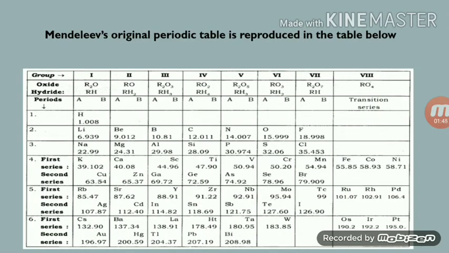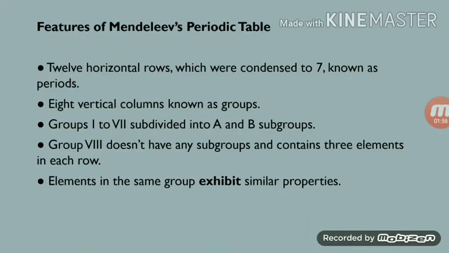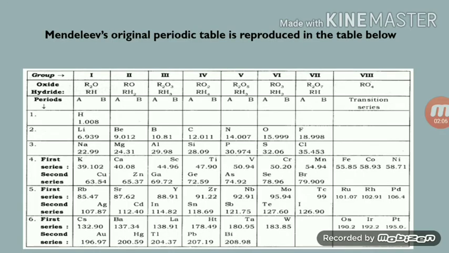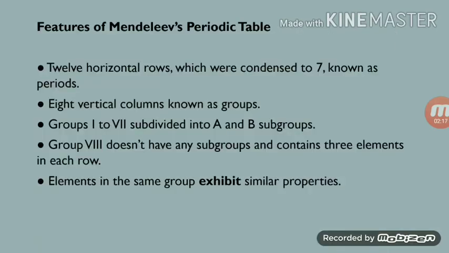Column 1 to column 7, the groups are subdivided into A and B, right? Next, group 8 doesn't have any subgroups and contains 3 elements in each row. You come to see group 8 where there are 3 elements in each group and they are not subdivided.